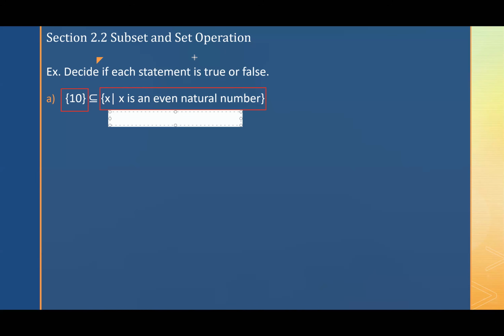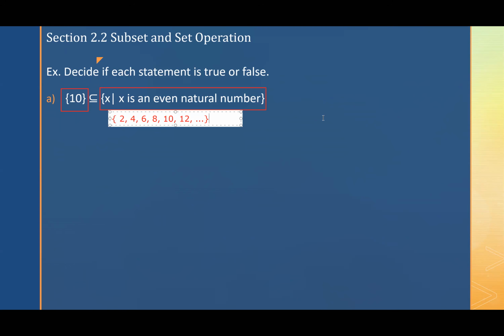Do you agree that if you were to list them out, in roster method, these are even natural numbers: 2, 4, 6, 8, 10, 12, 14, 16, and so on, all the way to positive infinity, right?